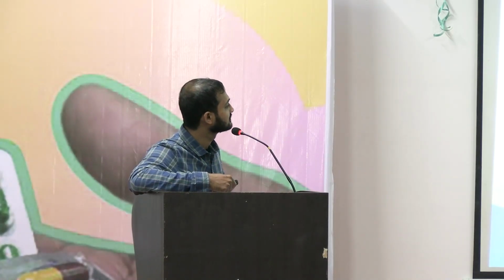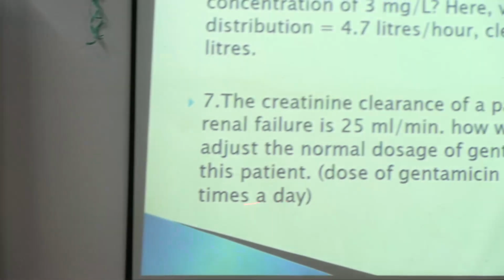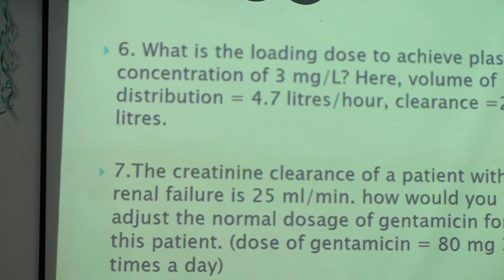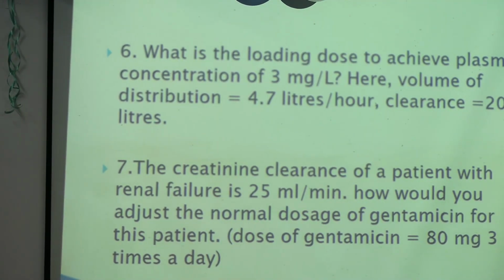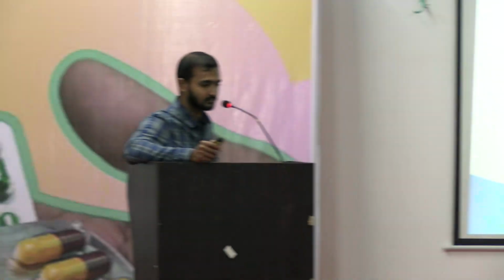Okay. The result will come 60 milligram per day. And if you divide it further, since it is given 3 times, it will be 20 milligram each dose. Any confusion?